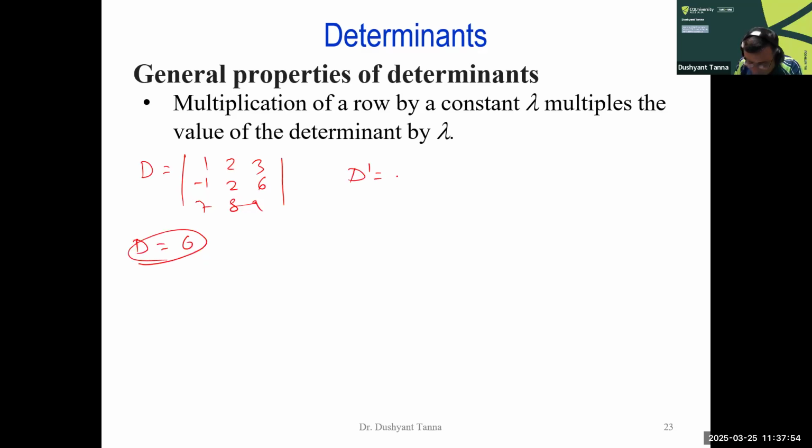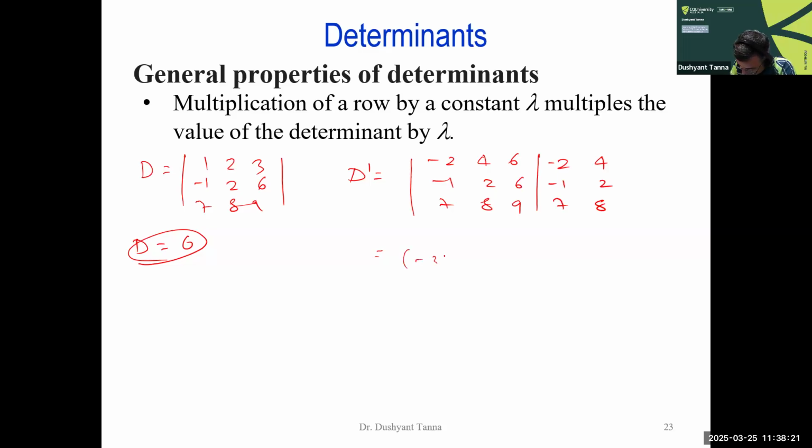If I take my D dash as row 1 times 2, so 2, 4, 6, minus 1, 2, 6, 7, 8, 9, and obtain that D dash, that should be 12. You can easily verify. Let's do it.